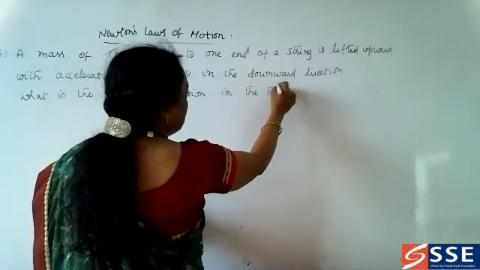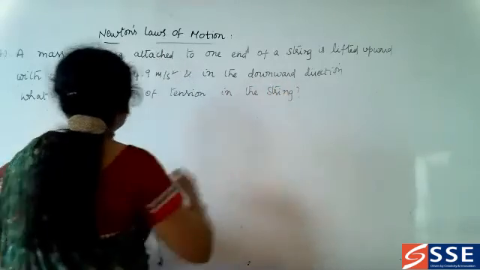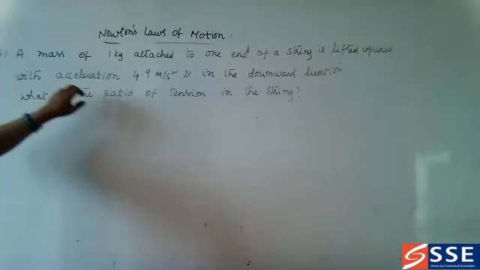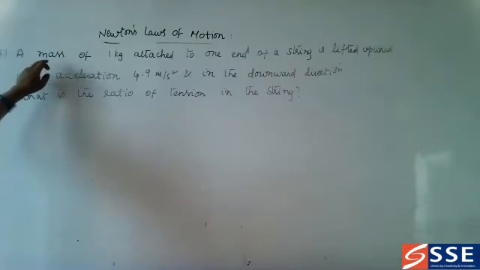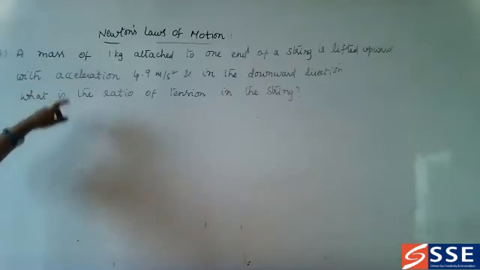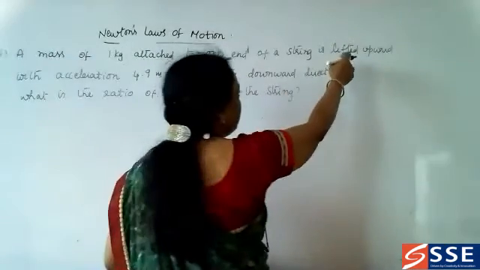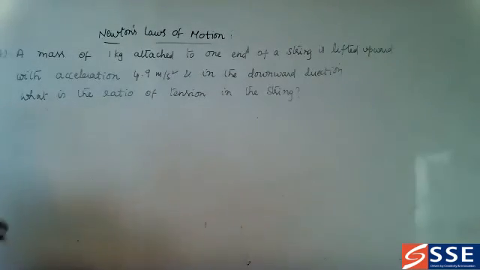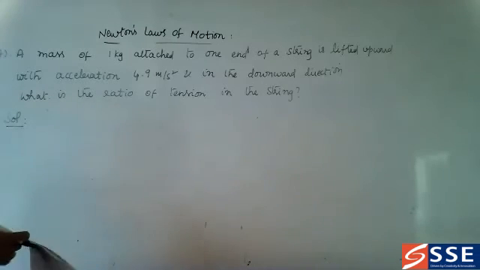So in this case we have to calculate the ratio of tension in the string. So suppose mass is given 1 kg and acceleration is 4.9, which is lifting. First it is lifted in the upward direction and then in the downward direction. How do you calculate the tension? So solution for this, think of it, ma.